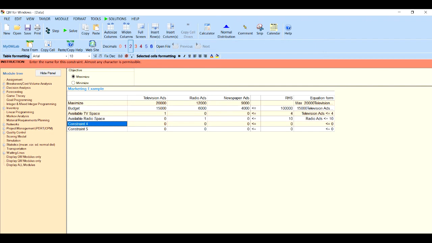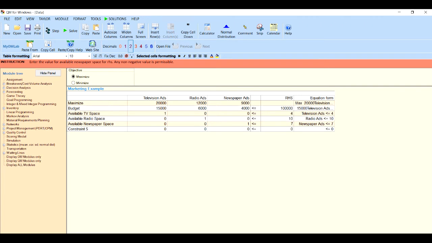Constraint number 4 is that newspaper ads are, for simplicity's sake, let's say available newspaper space. We know in this situation, the number of newspaper ads must be less than or equal to 7.